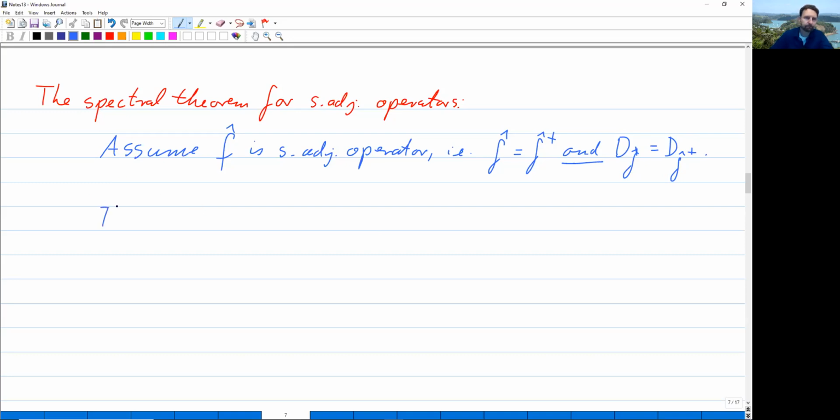Then we have that the spectrum of f hat is a subset of the real numbers, or indeed it could also be all of the real numbers.